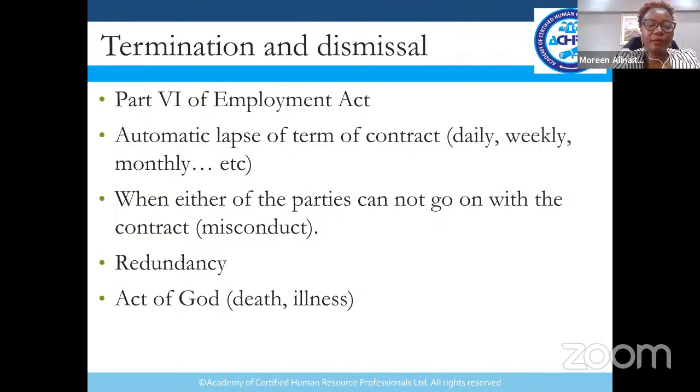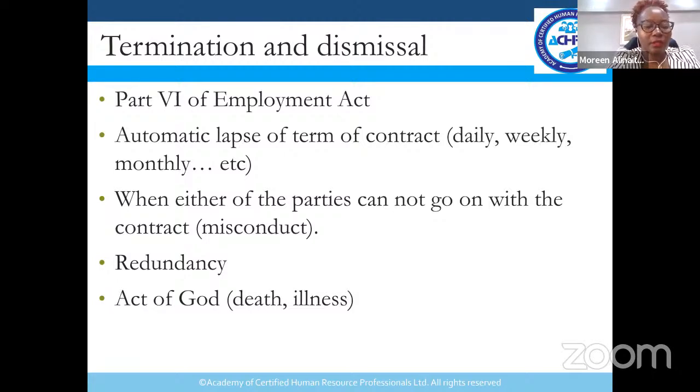So if somebody does a misconduct during work, then they can be considered to be ripe for dismissal. In cases of redundancy, a contract can terminate. Maybe the employer has no use for the employee anymore. They can declare the position redundant, and then the contract will be terminated.